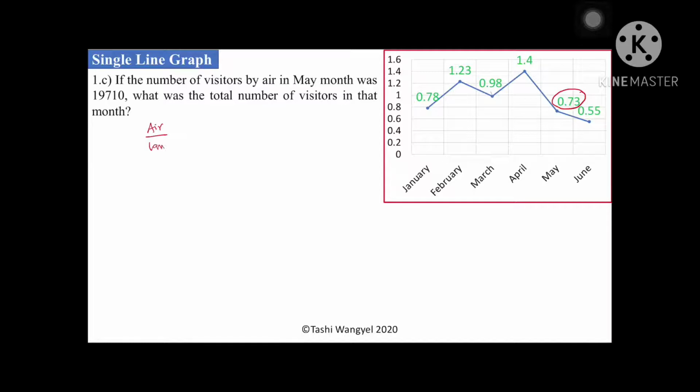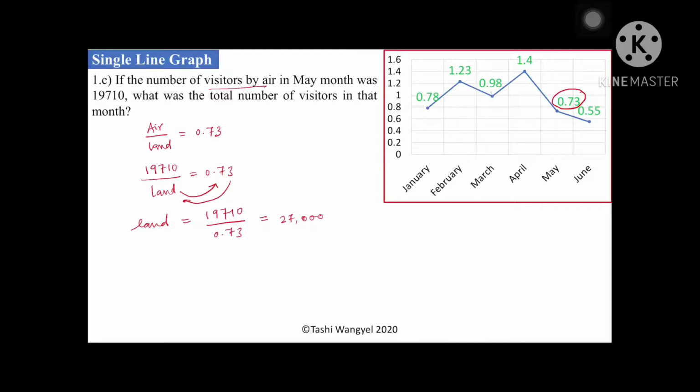The ratio of number of visitors by air transport to land transport is 0.73. So land transport is the denominator: 19,710 divided by 0.73, which gives 27,000 visitors by land. Air transport is 19,710 visitors and land transport is 27,000 visitors.